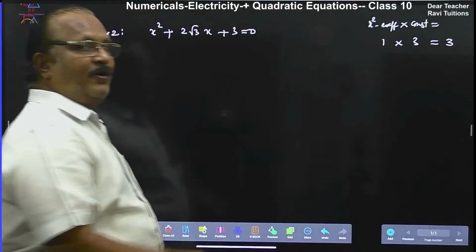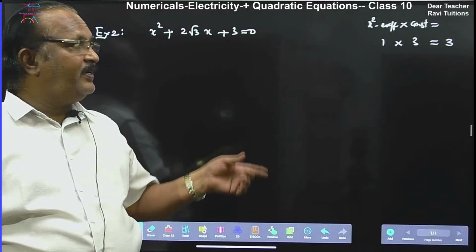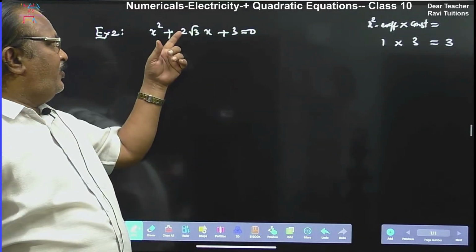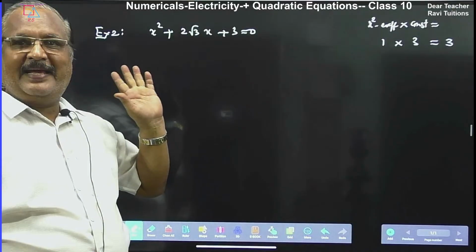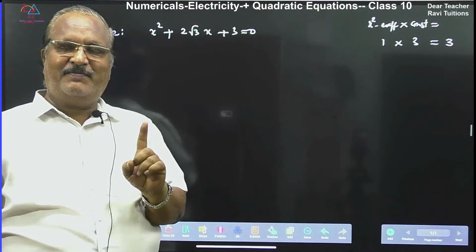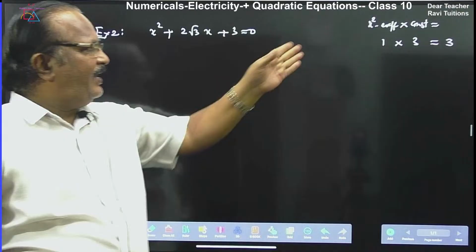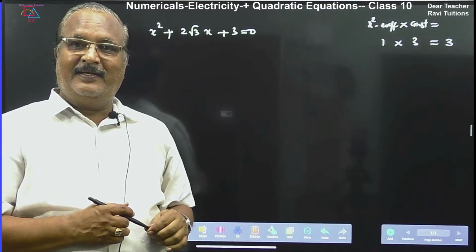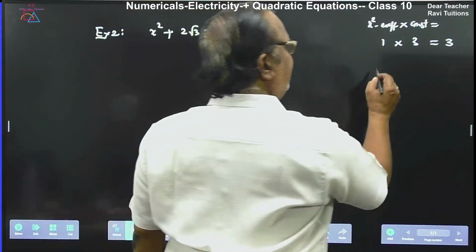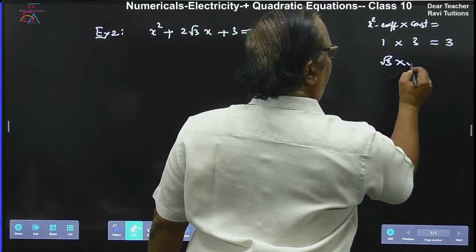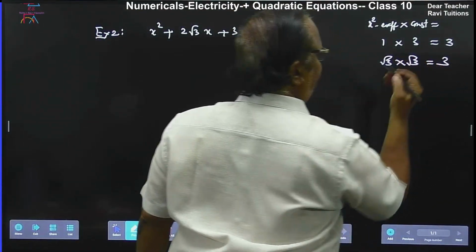Now we have to find the factors for 3 to get the coefficient of the middle term, x term. Now 3 is a prime number, so we have only this pair. Then what about the other? Yes. Root 3 into root 3 is equal to 3.